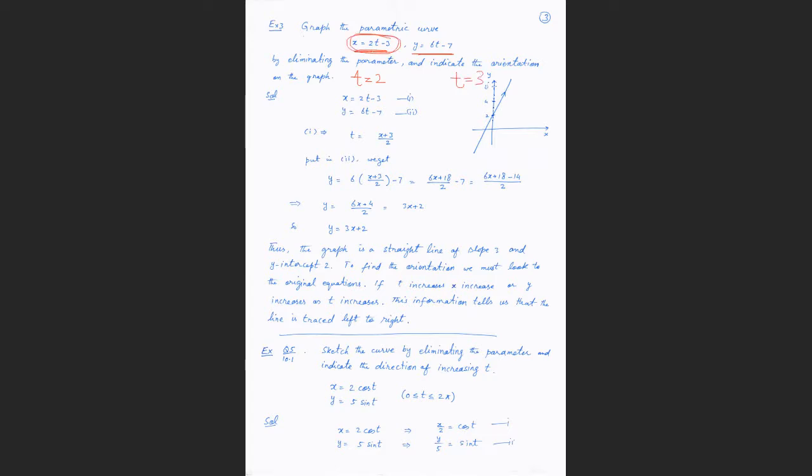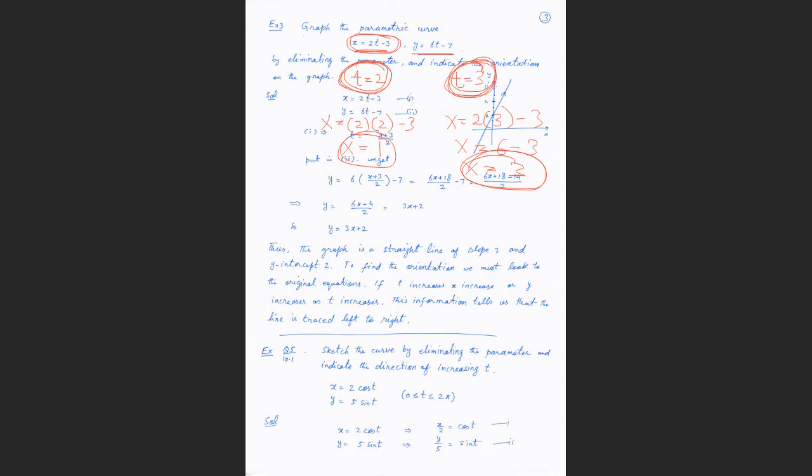If I put 2, x is 2 into 2 minus 3, which is equal to 1. If I put 3, x is equal to 2 into 3 minus 3, which is 6 minus 3, so x is equal to 3. It means if I increase t, x increases, right?